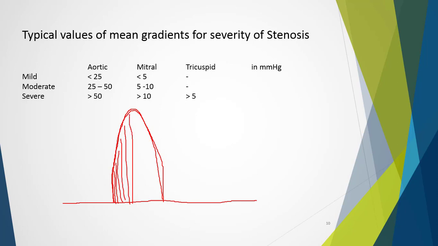So what it's doing is measuring the average of all of these under the curve. The summation of them divided by the number then allows us to have the mean gradient. And we can see here for the aortic valve, if we had a mean pressure gradient greater than 50 millimeters of mercury, it indicates severe stenosis.